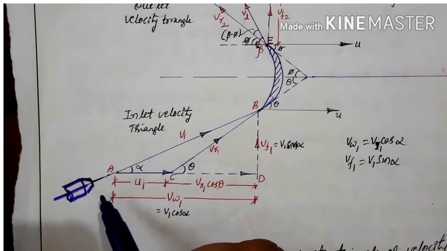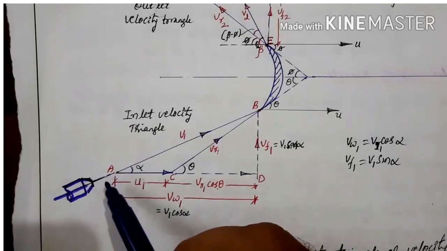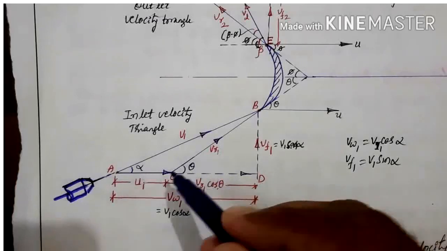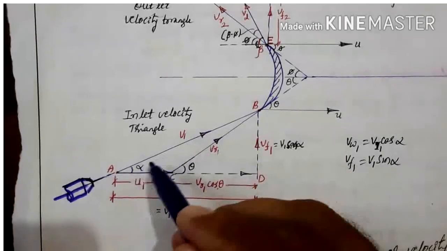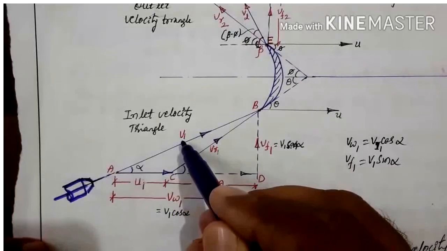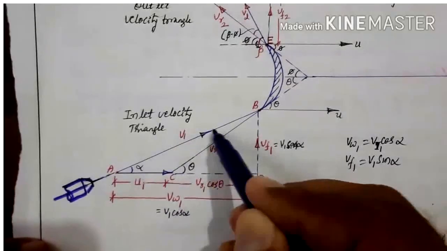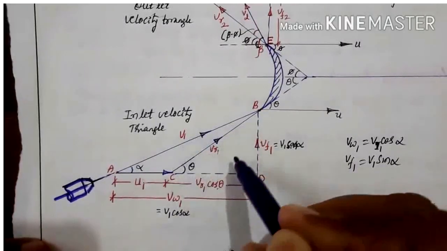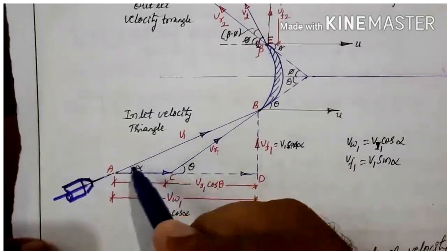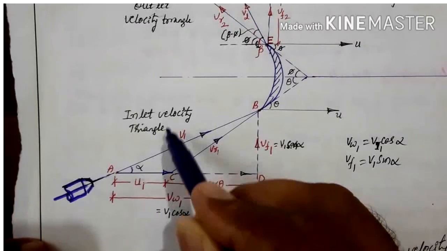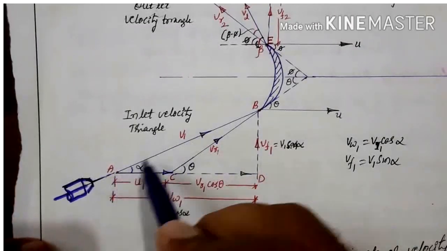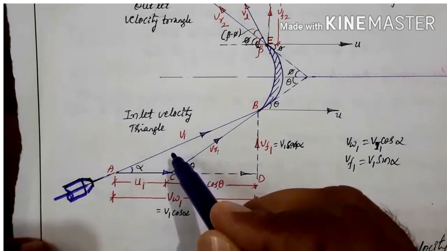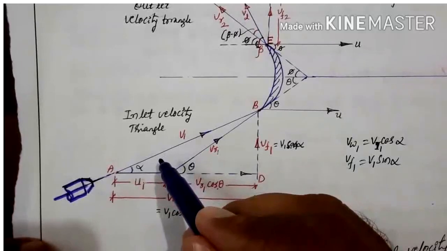We have drawn the section of the nozzle. Through the nozzle, with some velocity the fluid is coming out. That velocity, let us take it as v1. Since this is happening at the inlet of the blade, let us consider the velocity also v1. That is for the inlet velocity triangle. This v1 is nothing but the absolute velocity of the jet, and the nozzle is fixed.